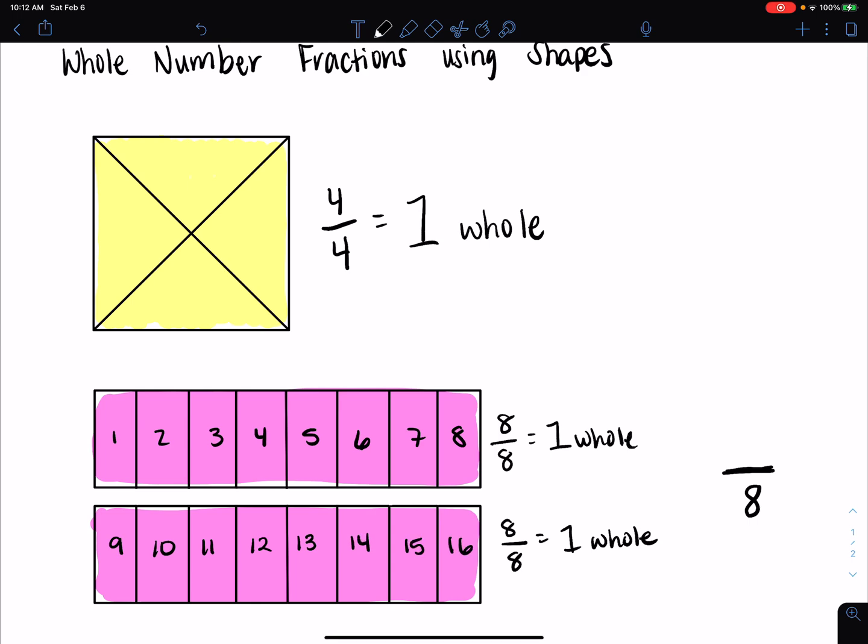So my numerator is going to be 16 over 8, and that's going to give me 2 wholes. My denominator is just the pieces of one shape, and my numerator is each piece of both shapes.